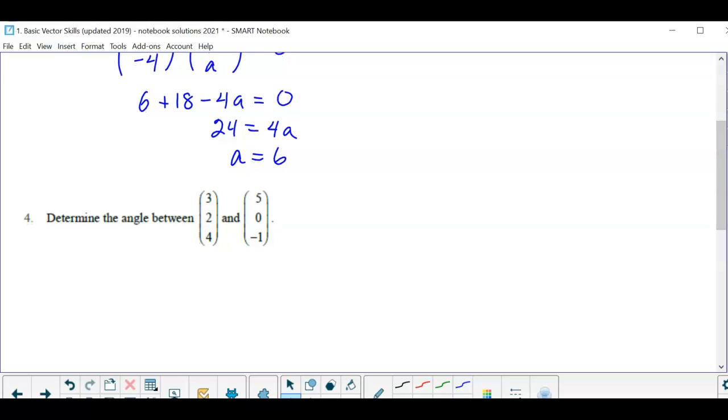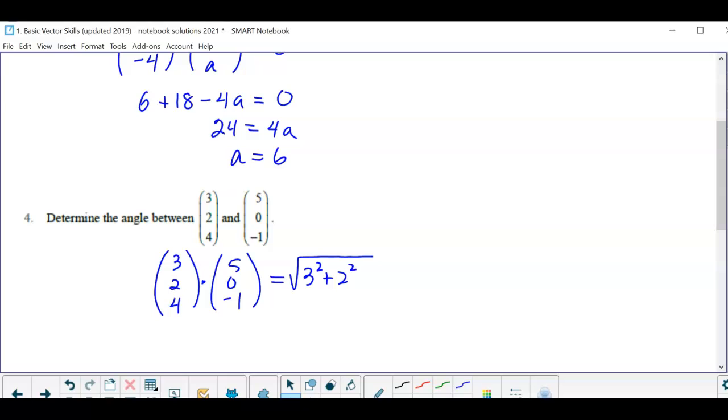Then determine the angle between these. So that would mean you're taking the dot product in component form, and it's going to equal the magnitude of each times cosine theta.